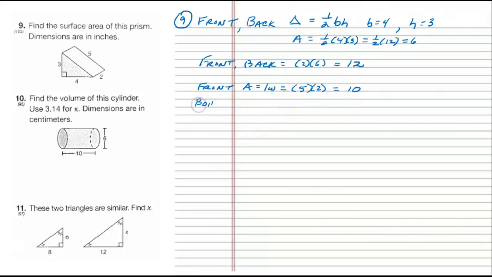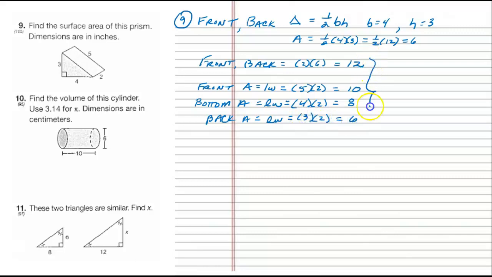The bottom area is length times width, so that's, if I look at the bottom, it's 4 by 2, which is 8, and the back side, back area is length times width, which is 3 by 2, which is 6.